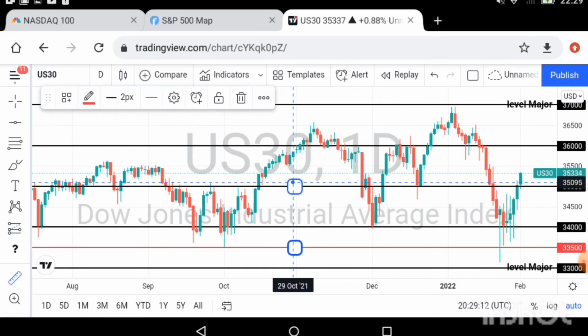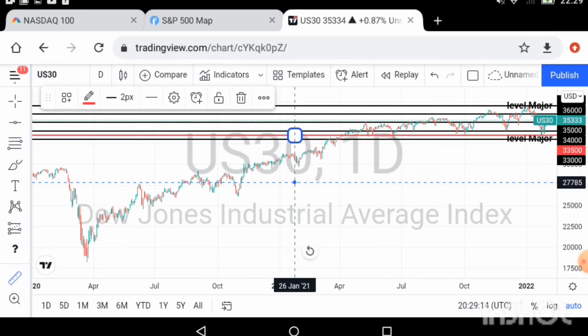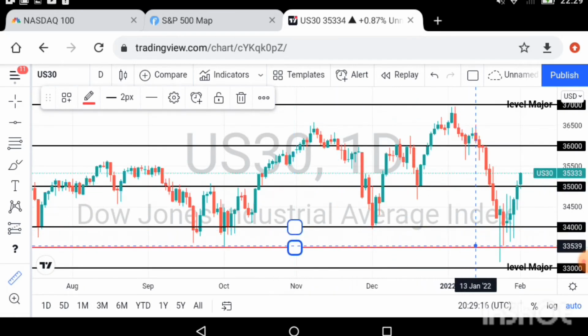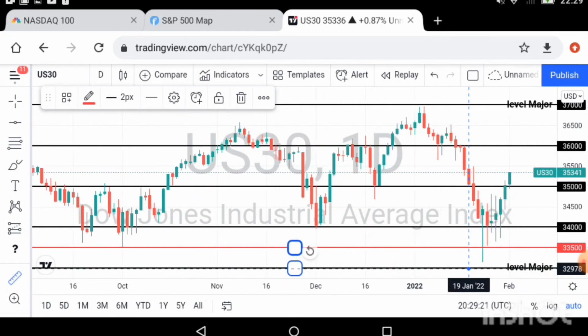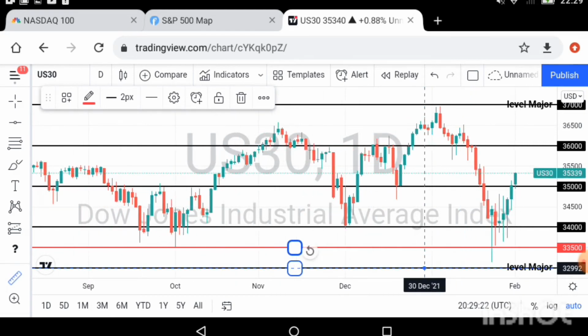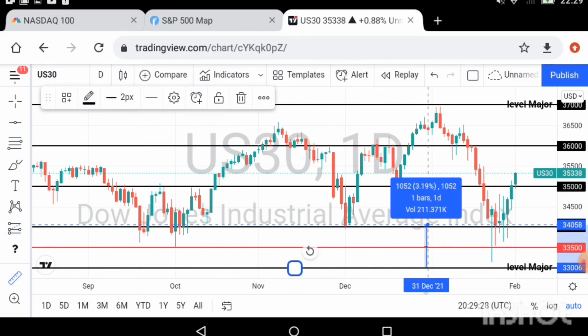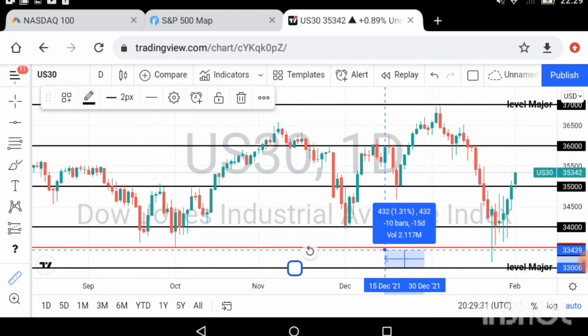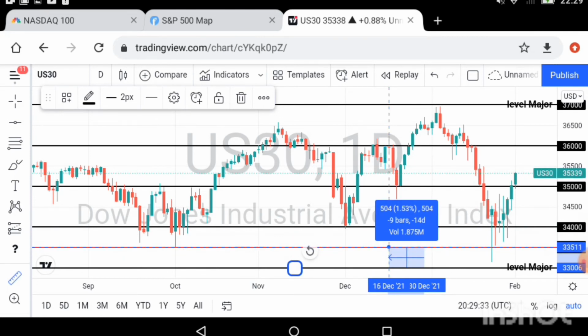Let me calculate the pips and check if I'm correct with the pip range from exactly here. It's not 100% accurate, but it's still going to do the job. From exactly here, it has to say 500 pips. Yes, I'm correct.